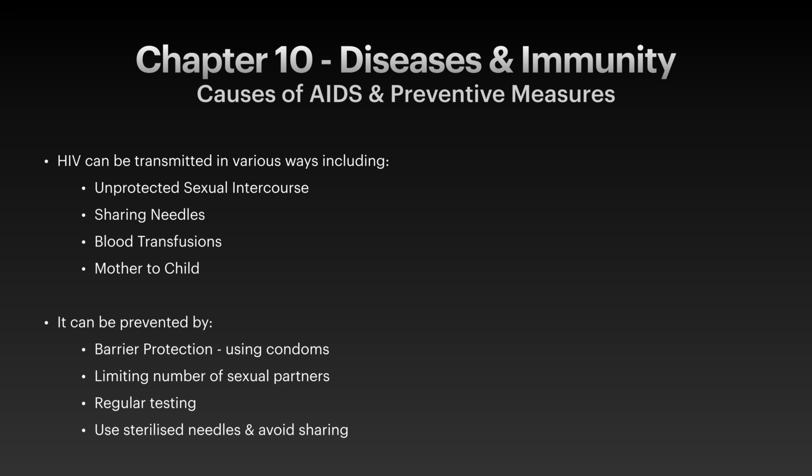The fourth way is to screen blood donations for HIV, use sterilized needles in medical settings and avoid needle sharing. HIV positive mothers can take drugs to reduce the transmission risk, and may be advised not to breastfeed. Finally, education: teaching people about these transmission methods and prevention, and using sterilized surgical equipment properly.